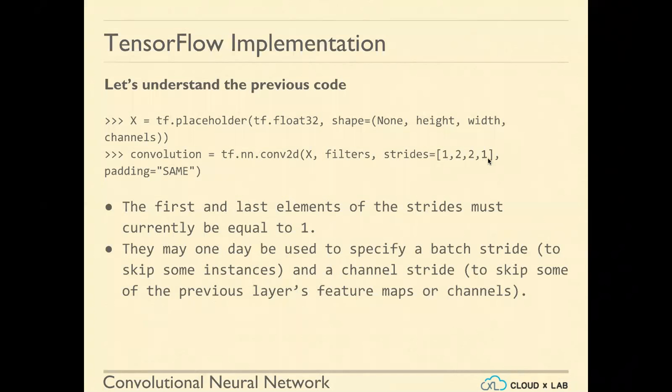Both of them as of now should be one. One of these actually represents how many instances to skip, and the other how many layers to skip. We want to keep it one, and as of now TensorFlow only supports one, so only these parts are what we can specify.